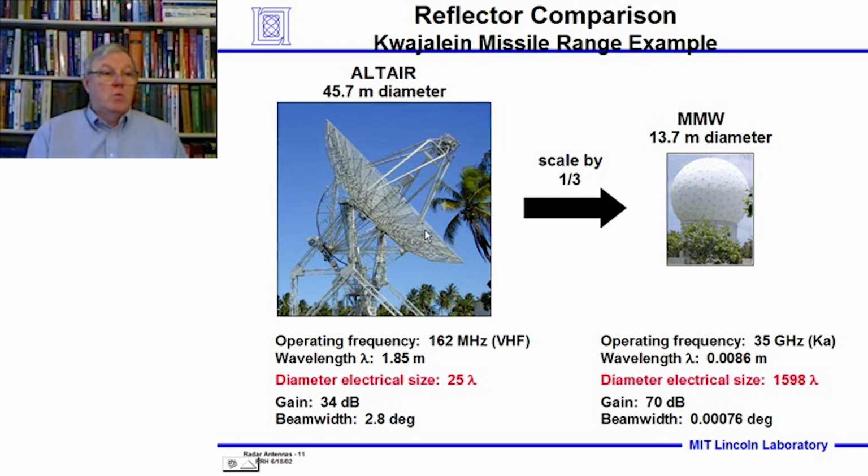Okay? This antenna weighs 880,000 pounds, 440 tons. And it rotates in azimuth on railroad tracks. It's that big, okay? And it operates at VHF, about 150, 160 megahertz.